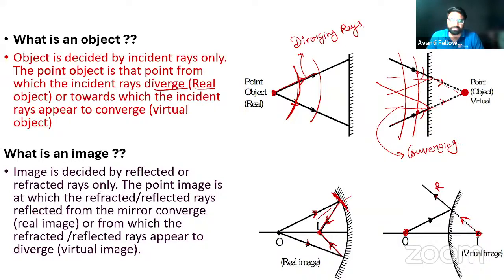So that is why we will say that this is the virtual image of the object, because here there is nothing. This is the virtual space. What is behind the mirror? There is nothing behind the mirror. But if the image is forming behind the mirror, we can say that it is a virtual image. Got it?